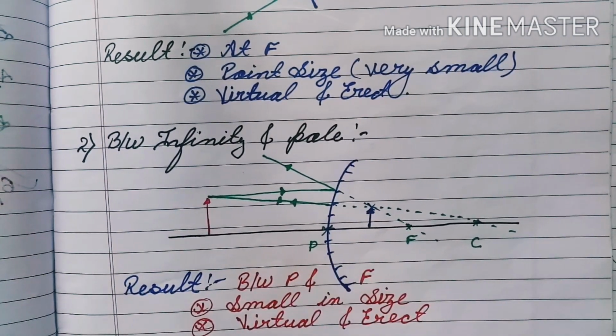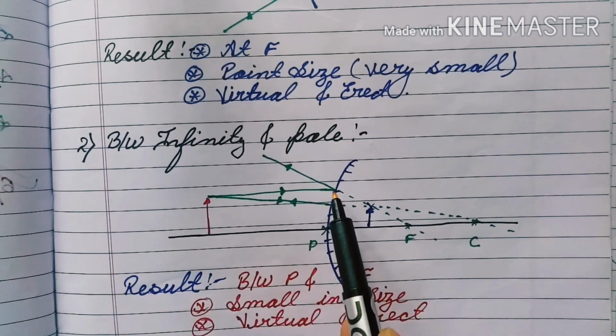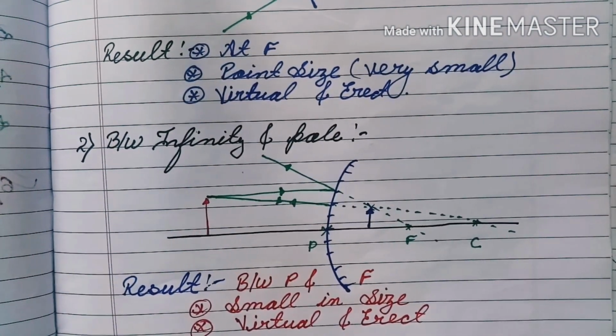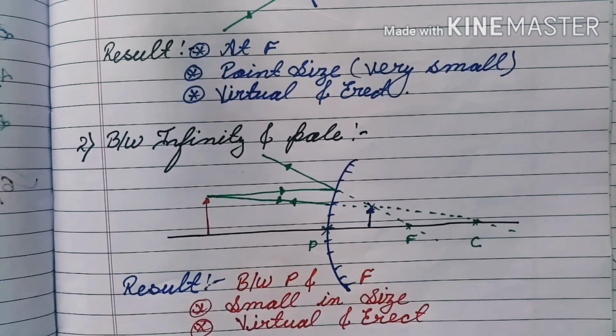Students, why virtual? Because these both light rays appear to intersect, not actually intersect. So these are the two cases of formation of image by convex mirror.